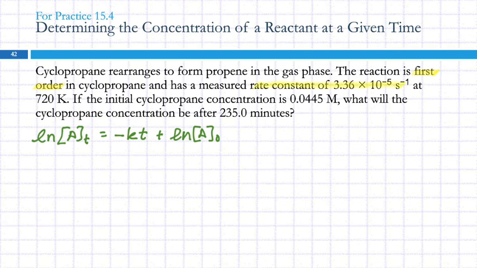Here we're given the rate constant. Well, let's write that down. K equals 3.36 times 10 to the minus 5 per second. We're given the temperature. Do we need the temperature?